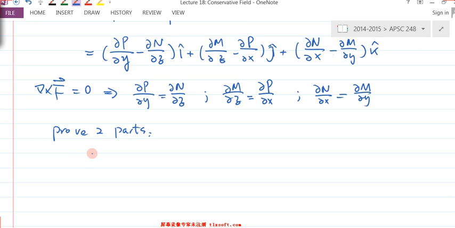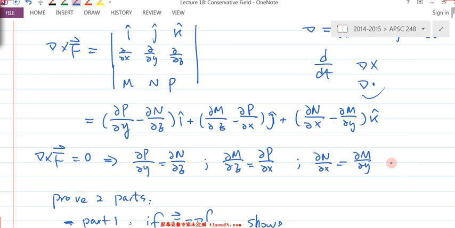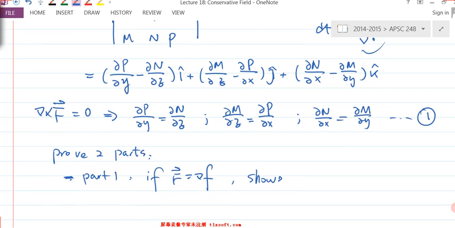Logically speaking, the part 1 is this: if f is conservative, we need to show that equation number 1 holds.